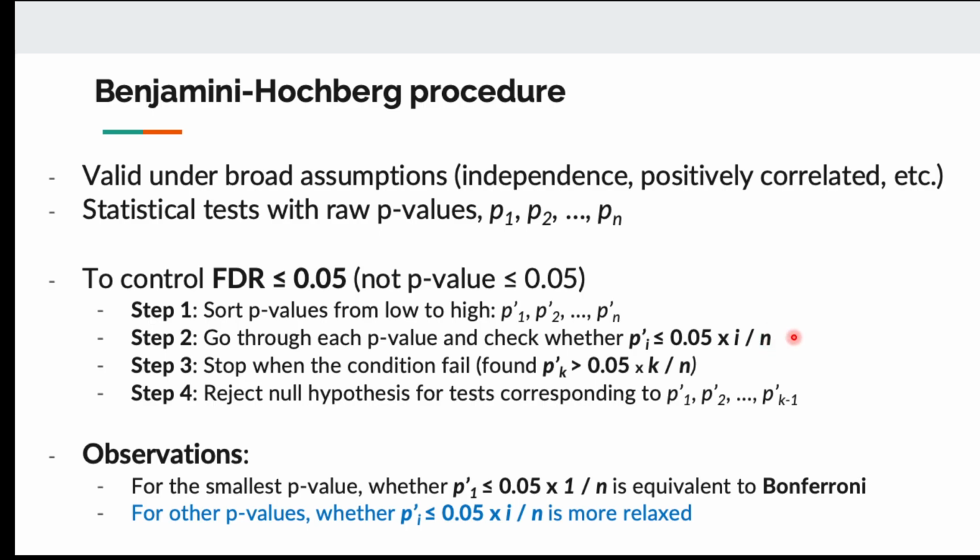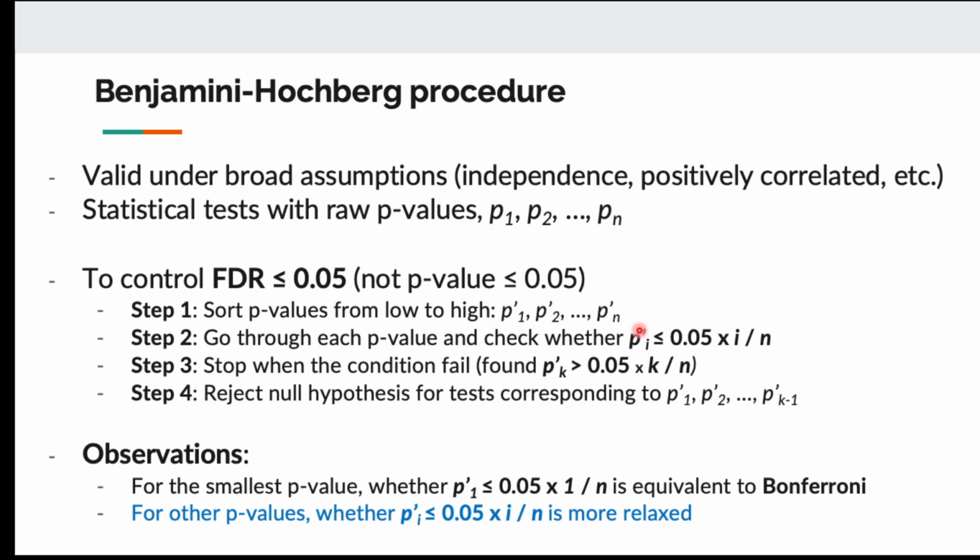So you may notice that when i is equal to 1, this is exactly Bonferroni. Because with Bonferroni, you divide your p-value cutoff, in this case FDR cutoff, by the number of tests, the number of genes. So for the best gene, you are essentially doing Bonferroni.